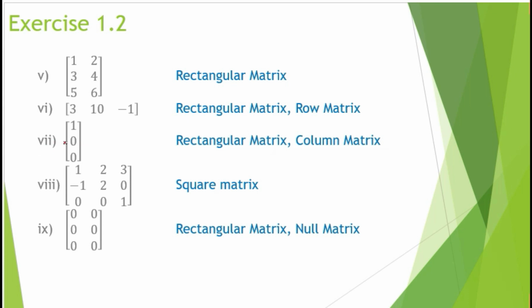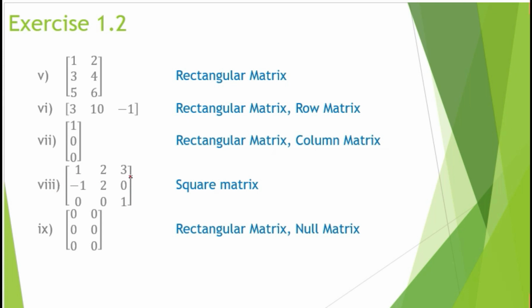So in next question the entries are 1, 0, 0. This is also a rectangular matrix and a column matrix because the number of rows is not equal to the number of columns, that's why it is a rectangular matrix. And it also contains one column, so it is a column matrix also. So in next question, the number of rows is equal to the number of columns.